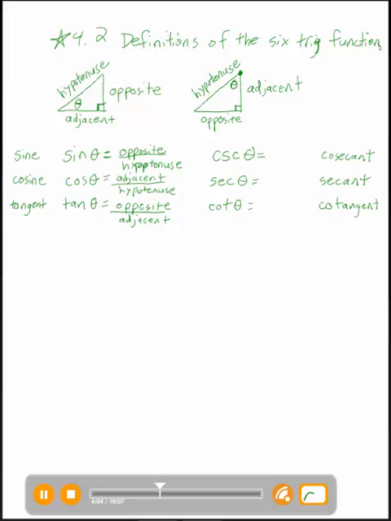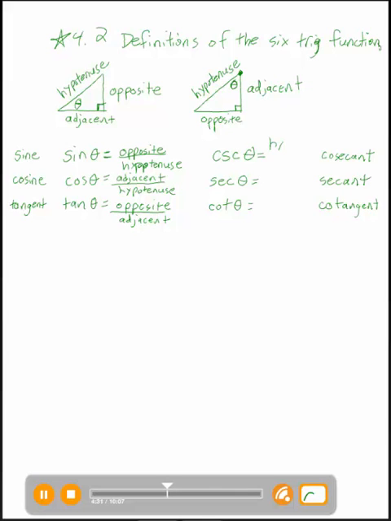Now, these are fairly easy to remember because they're reciprocals or multiplicative inverses of the sine, the cosine, and the tangent function. So the sine of theta is opposite over hypotenuse, the opposite side divided by the hypotenuse side, lengths rather. The cosecant of theta is just hypotenuse length divided by the opposite length.